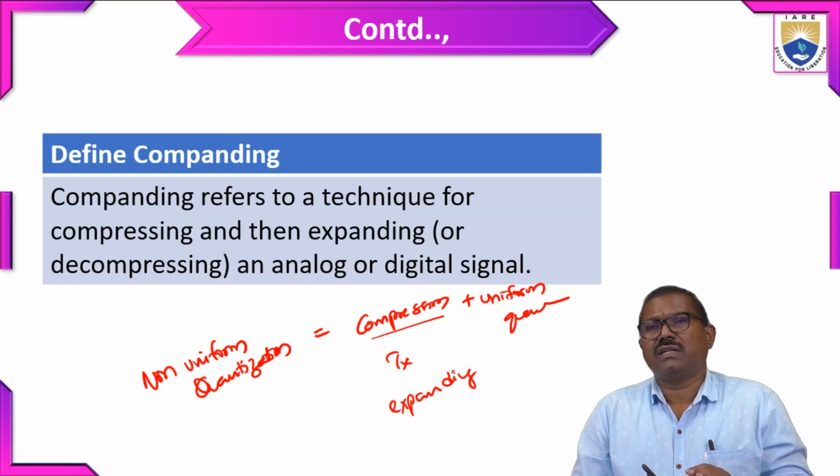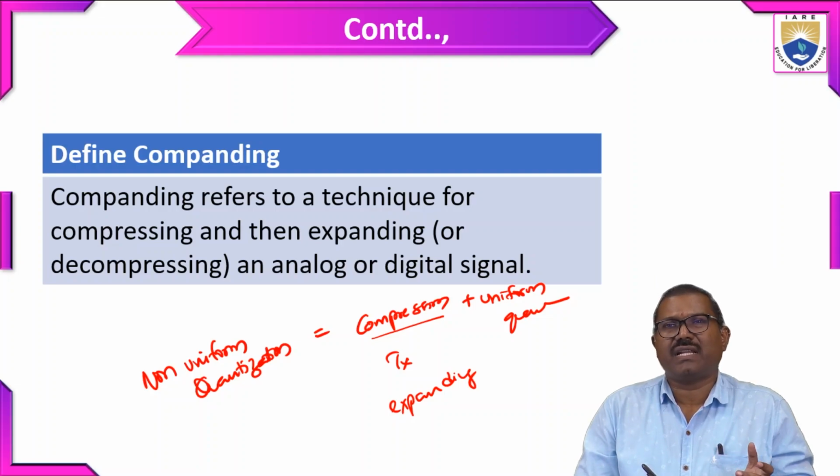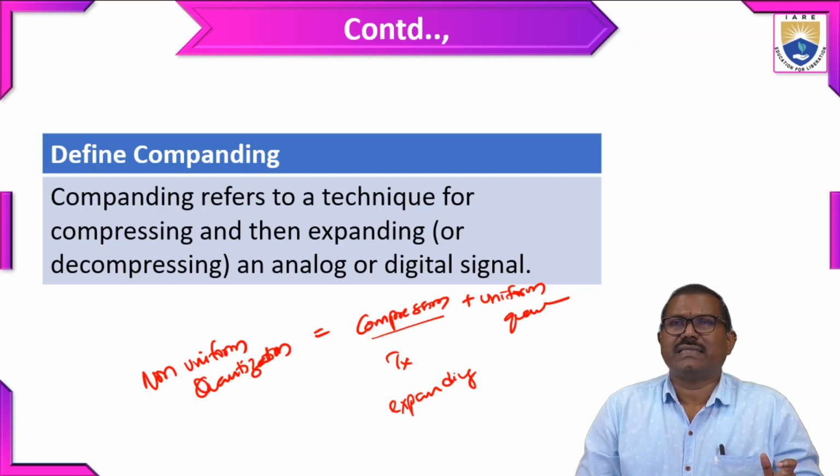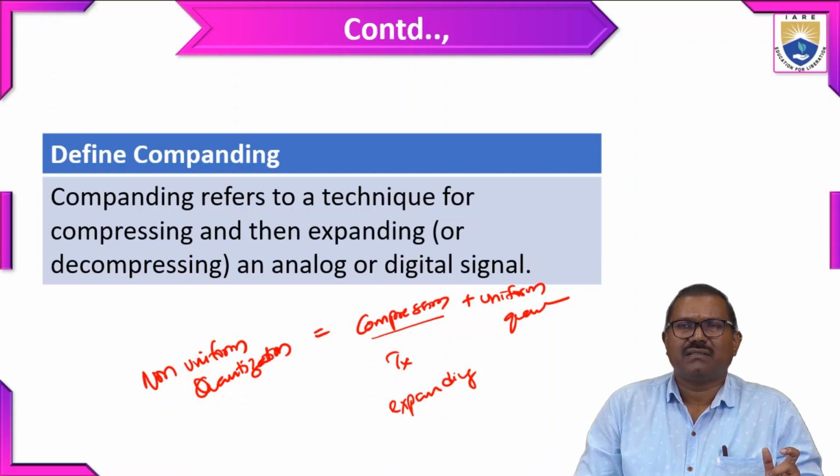The device which consists of both compression and expanding can be called companding. That process is called companding, and the device is called a compander. So companding is a technique for compression and expanding.